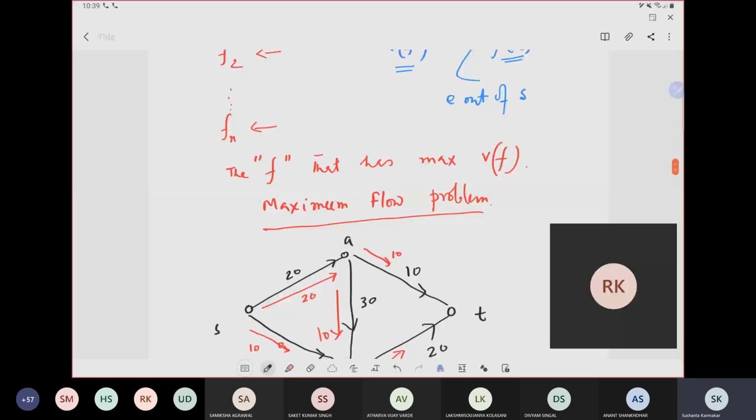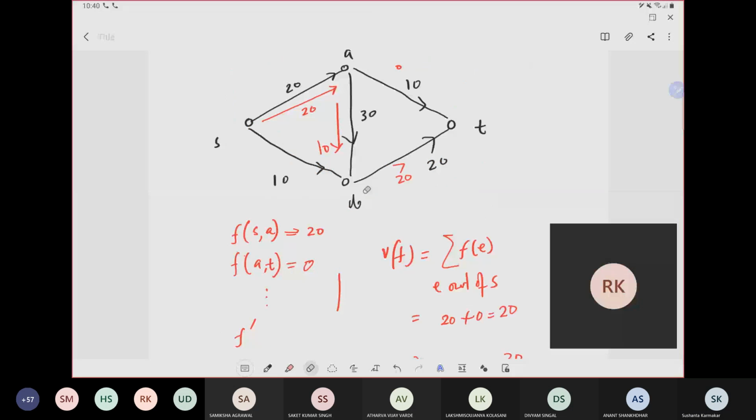With this diagram, in the earlier case, if you go back to the earlier assignment, what was the earlier assignment? It was like this. The earlier assignment was like this for f. I am pushing here 20, 20, and 20, and these are all zeros, and this is valid.